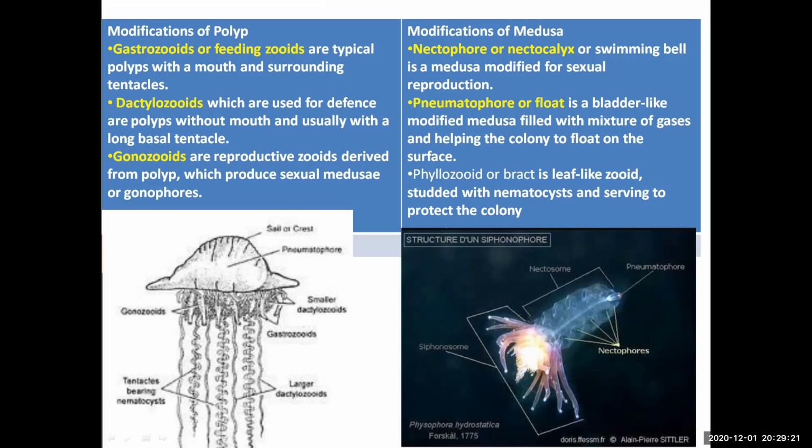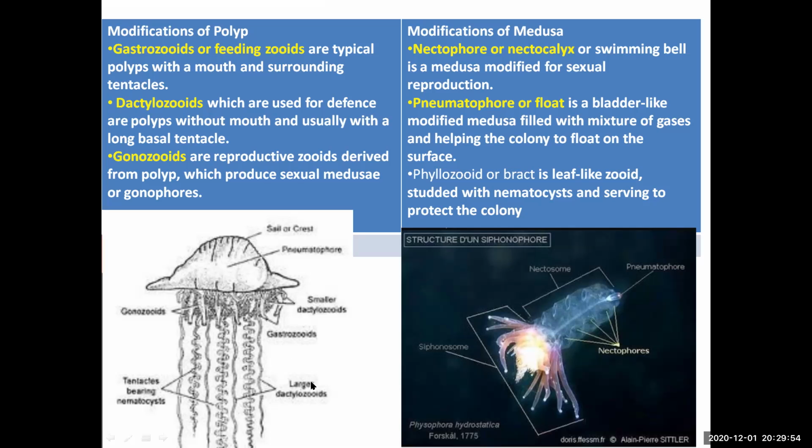If you see this diagram, this is a diagram of Physalia. In Physalia, the topmost sail or crest has a pneumatophore. We have seen this modification of medusa, the pneumatophore or float, a bladder-like modified medusa filled with a mixture of gases that helps the colony to float on the surface. Below the pneumatophore, we find smaller dactylozoids and larger dactylozoids.